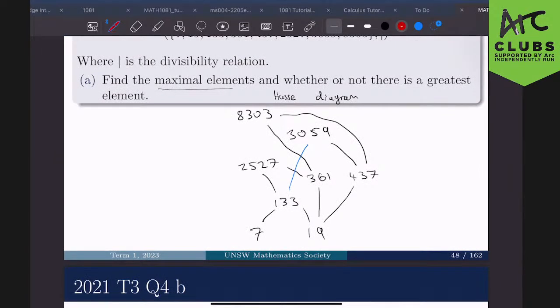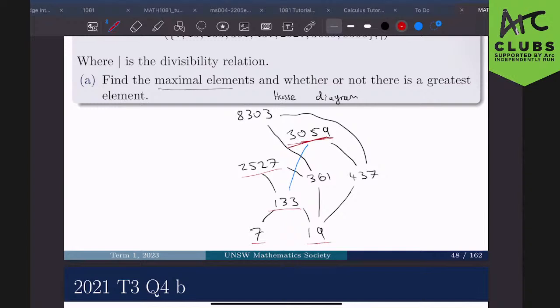And then finding the upper bounds of 7 and 19. These are the elements connected to both 7 and 19, so it will be 133, and anything above and connected to 133, which in this case is 2527 and also 3059.